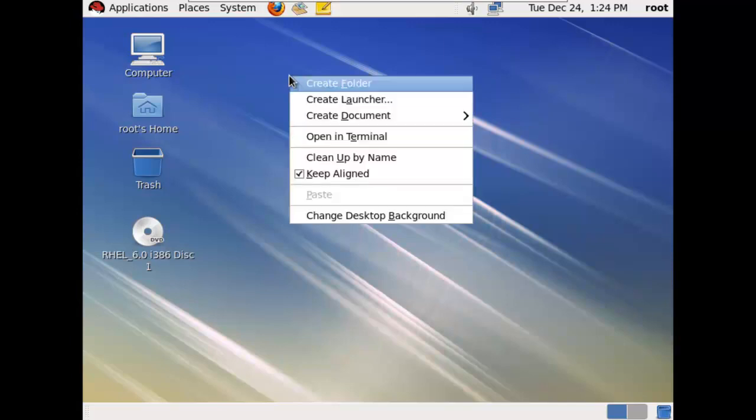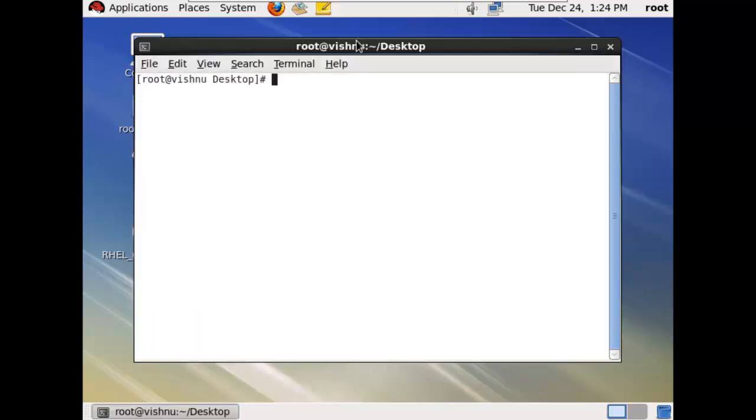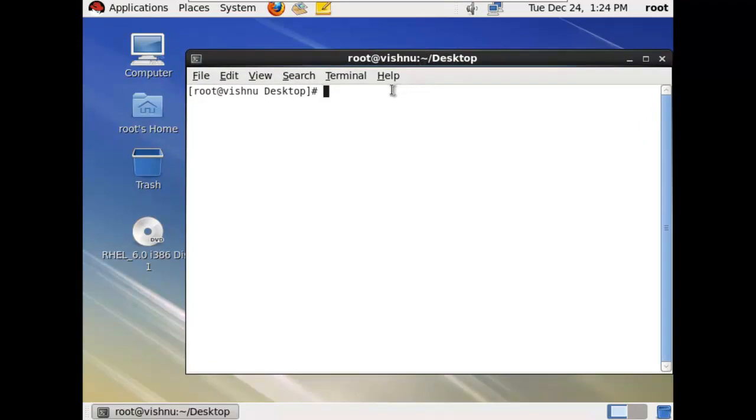For that, open the command prompt, that is the terminal. First we will see how many hard disks are attached to the Linux server. For that, write ls /dev/sd* and press enter.